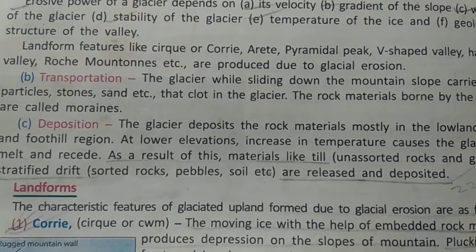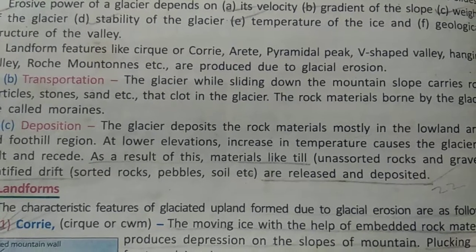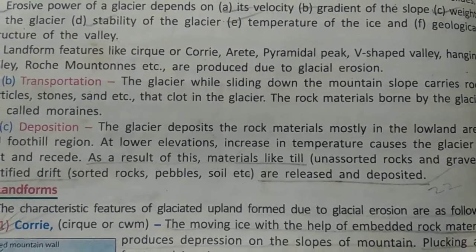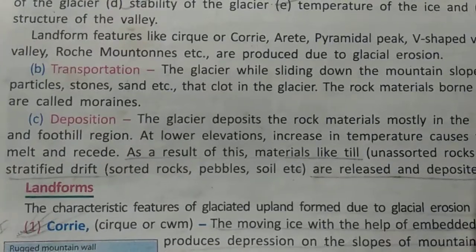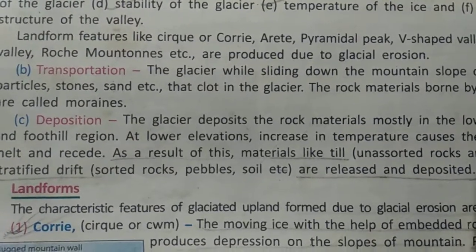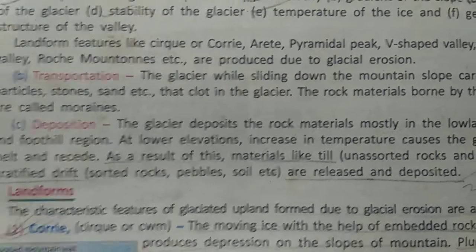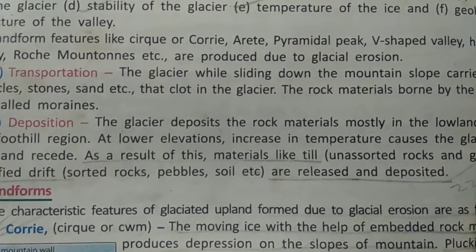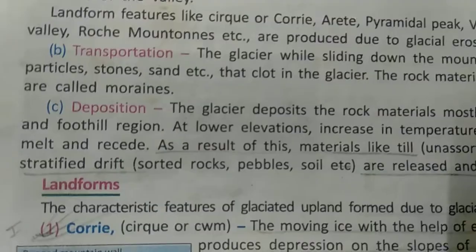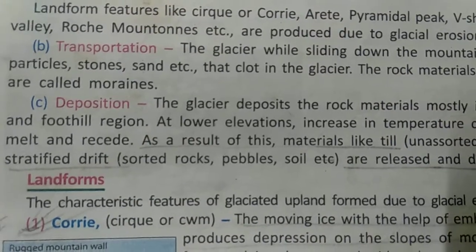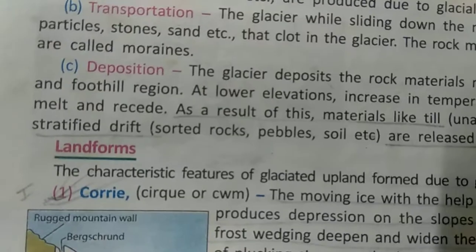At lower elevations, increases in temperature cause the glacier to melt and recede. As a result, materials like till, rocks and gravels, stratified drift, are left and deposited.